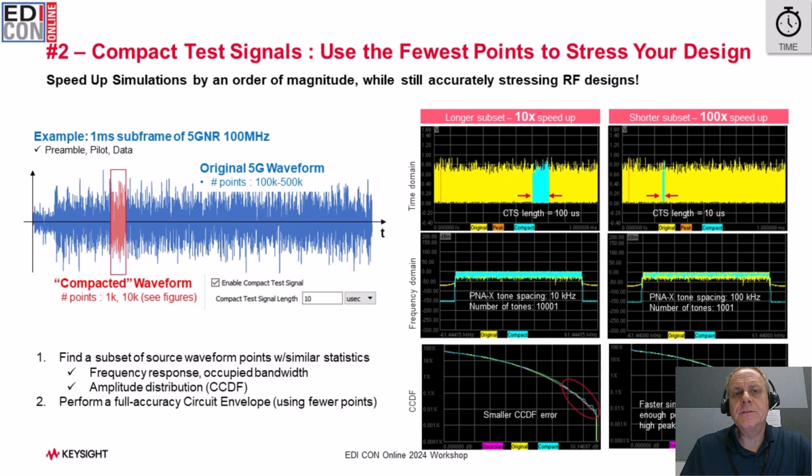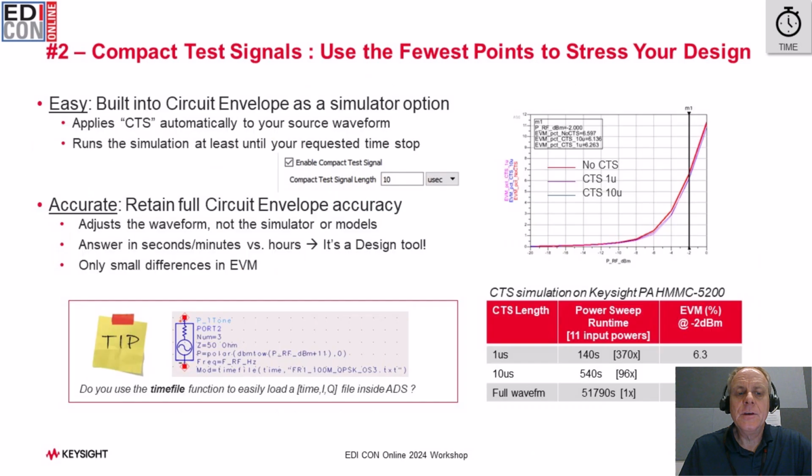You exercise your RF hardware with something that's statistically relevant, and you make sure that you sample it long enough that you actually get statistically meaningful effects, but you do it in a fraction of the number of points. And so this technique allows you to stress a design. It's actually built into Circuit Envelope as a simulator option.